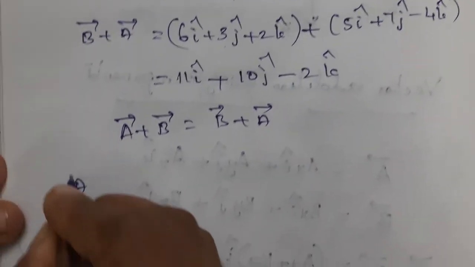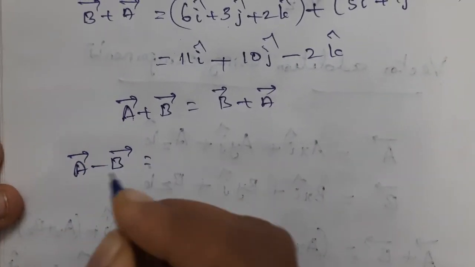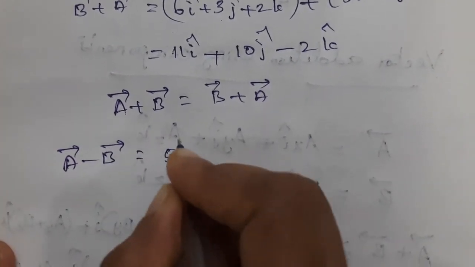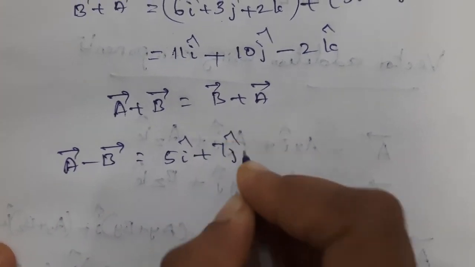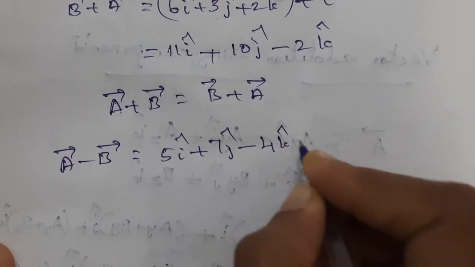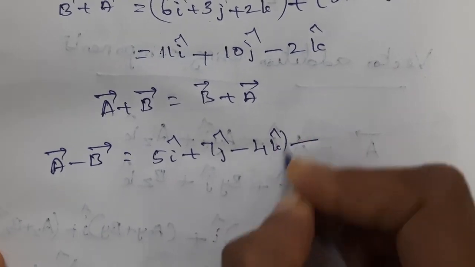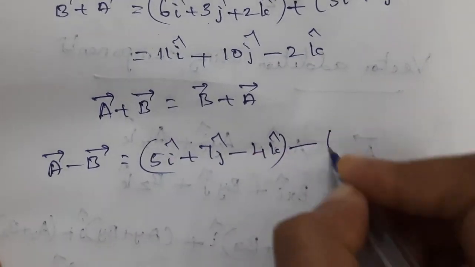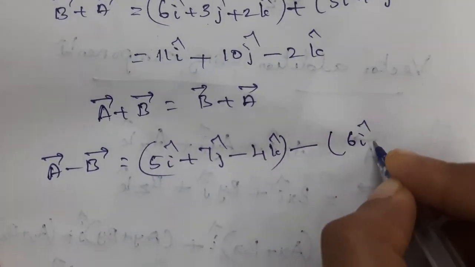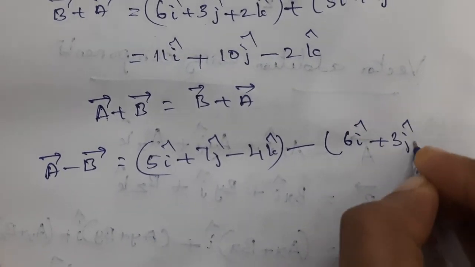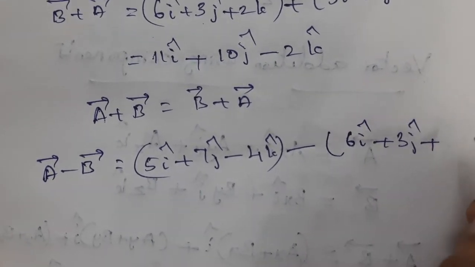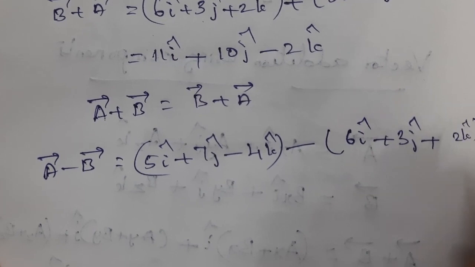Let's find A minus B. 5i cap plus 7j cap minus 4k cap, minus, 6i cap plus 3j cap plus 2k cap.